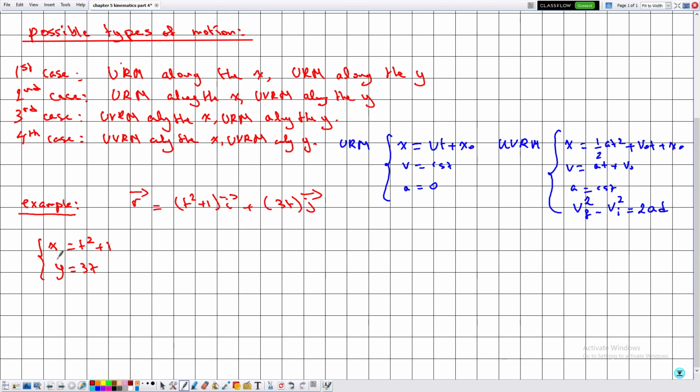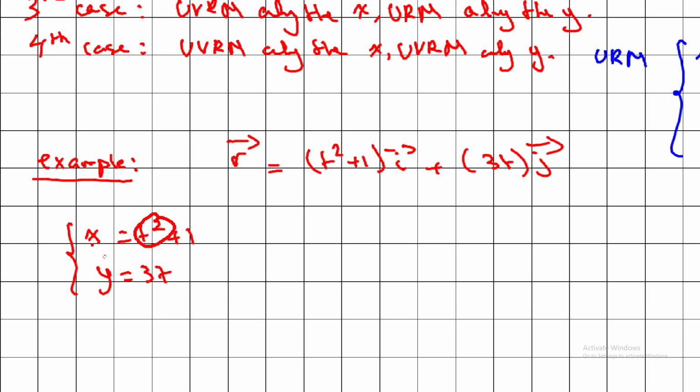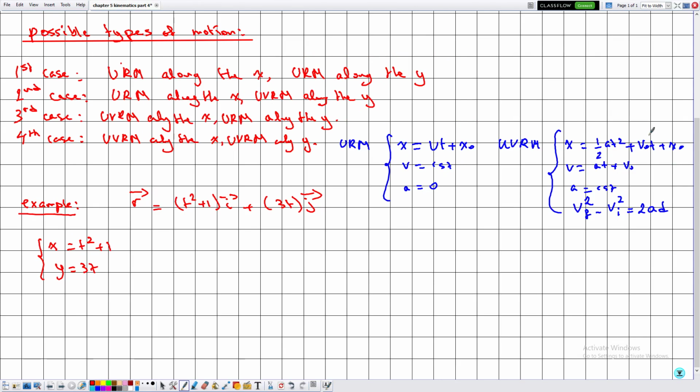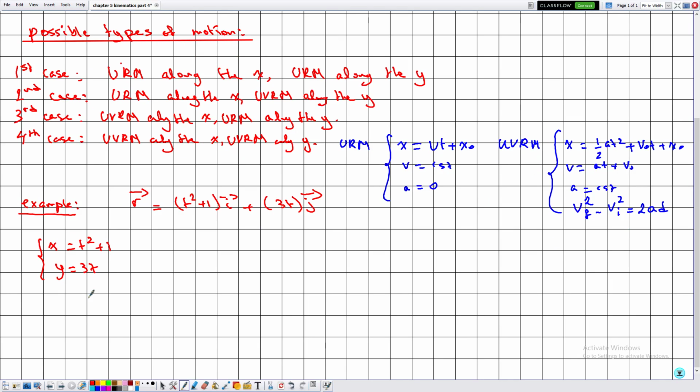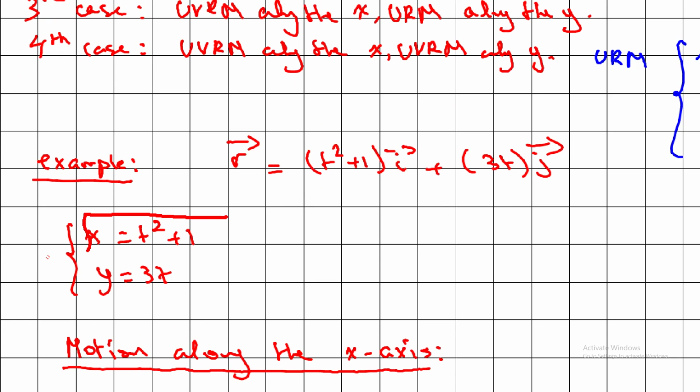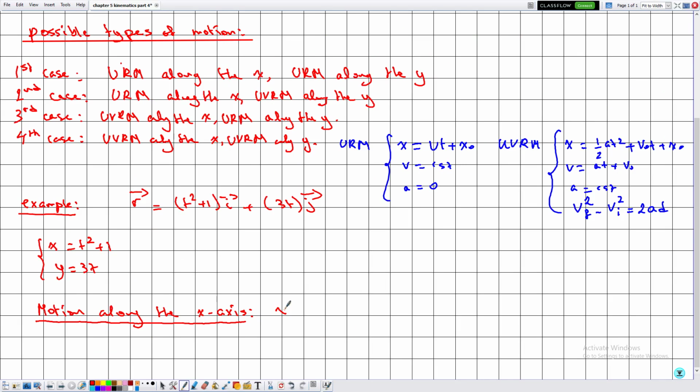Notice that the quadratic term appears in x. First let me consider the motion along the x-axis in order not to make any confusion. The motion along the x-axis is described by the parametric equation x is equal to t squared plus 1.